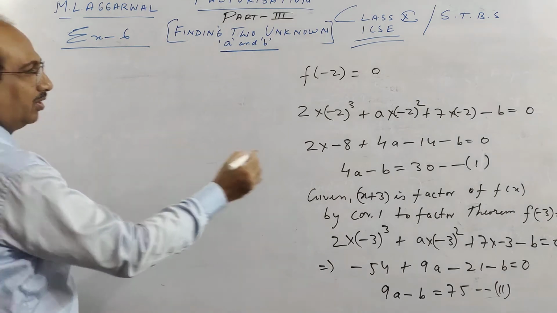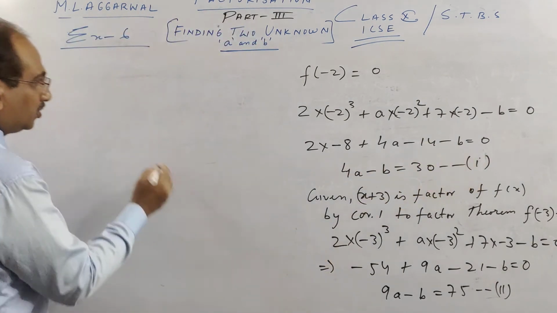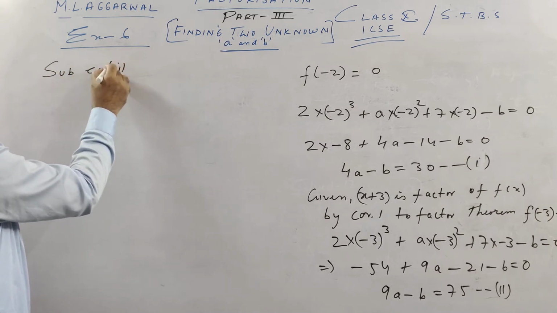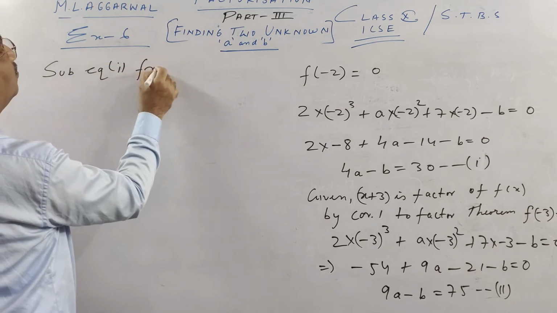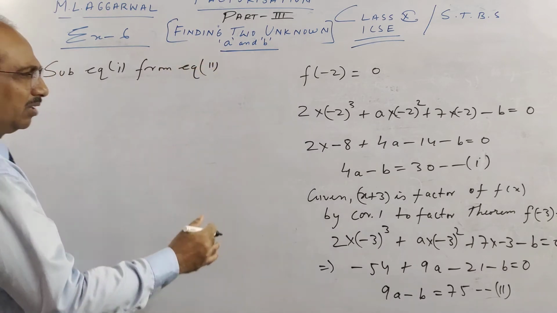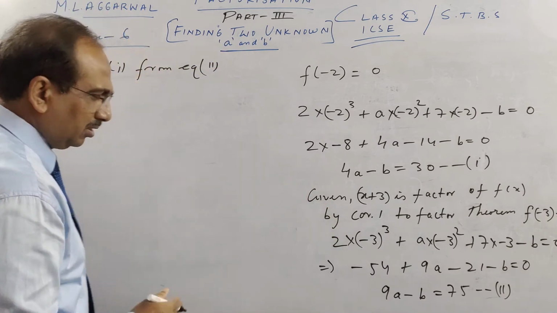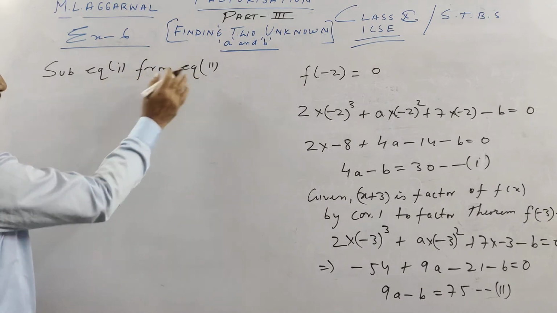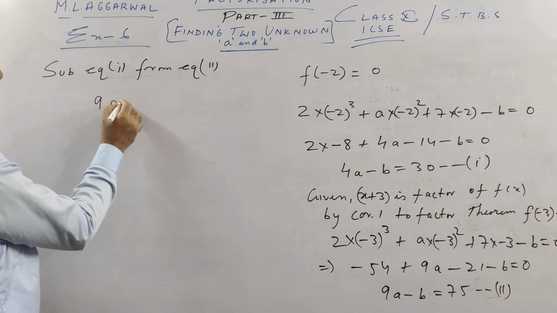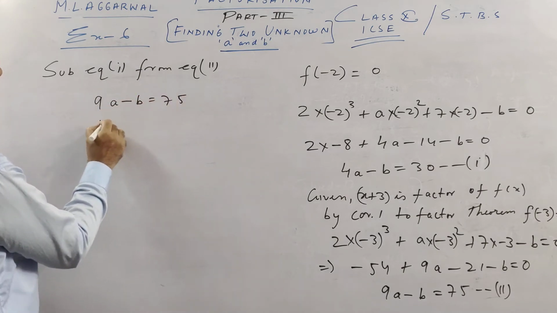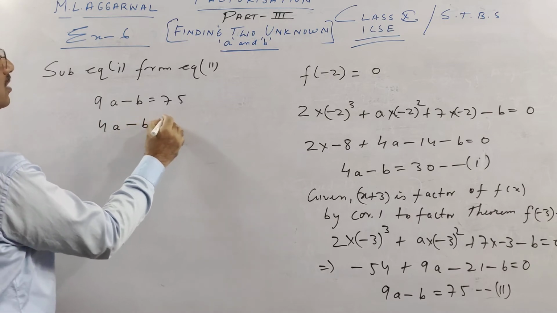So subtracting equation 1 from equation 2. Why, I'll tell you. Sometimes we subtract 1 from 2, sometimes 2 from 1. Equation 1 from 2 means 2 will come up. See here, 4a minus b is 30.